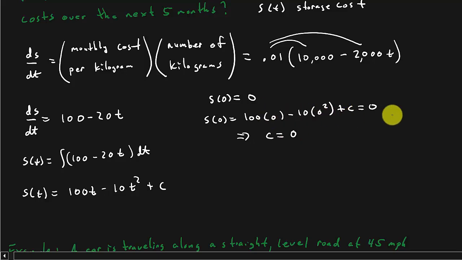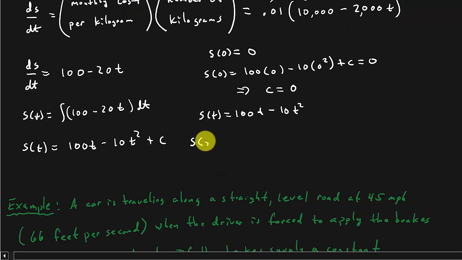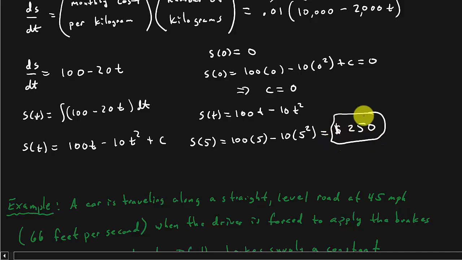Now I have s(t) is equal to 100t minus 10t squared. There's my storage cost, and they want to know over the next 5 months. So s(5) is equal to 100 times 5 minus 10 times 5 squared, which is $250.